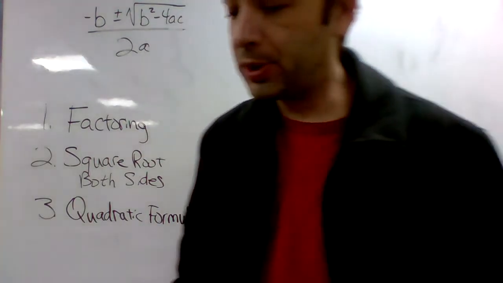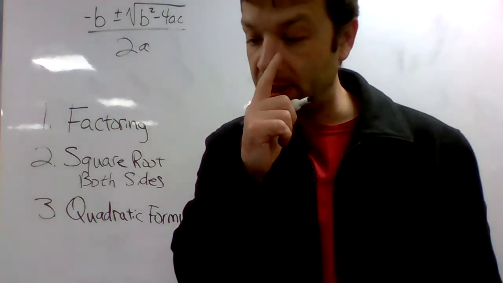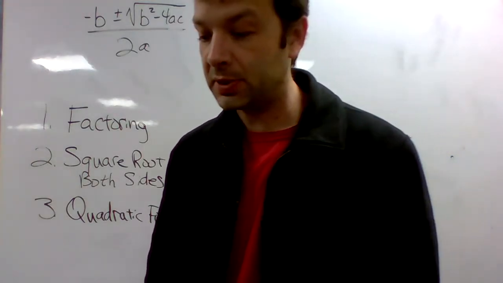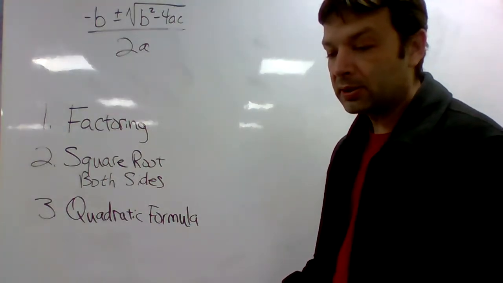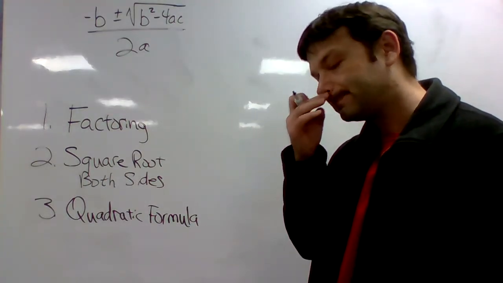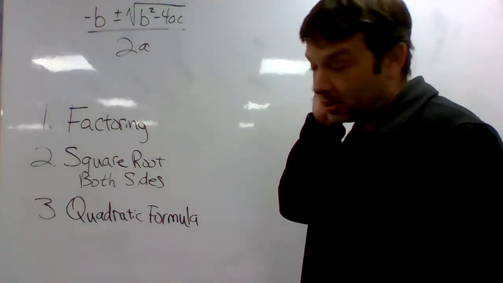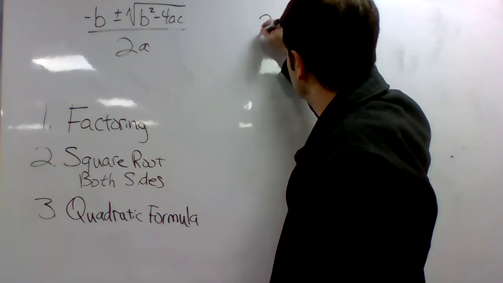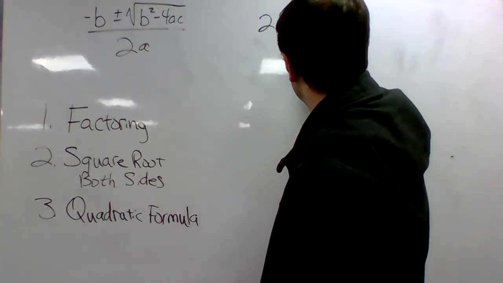Okay, this is number 21. It says, write a quadratic equation in standard form with the given solutions. What are they talking about? 21 says x equals negative 8 and 4.